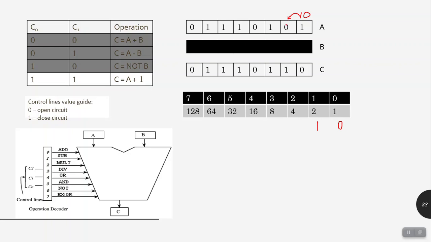Since the next cell is 0, 1 plus 0 is 1. Since the plus 1 in our input register A reflects on the second cell, it will not affect the remaining cells. So we'll just bring down 1, 0, 1, 1, 1, and 0. Okay.